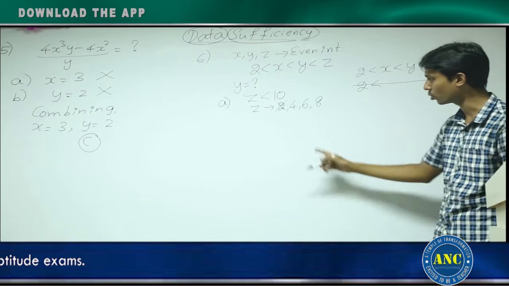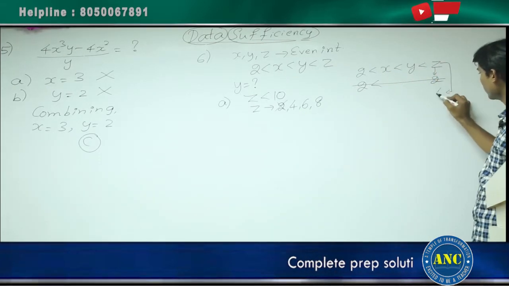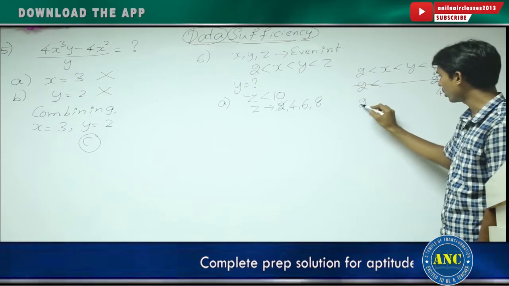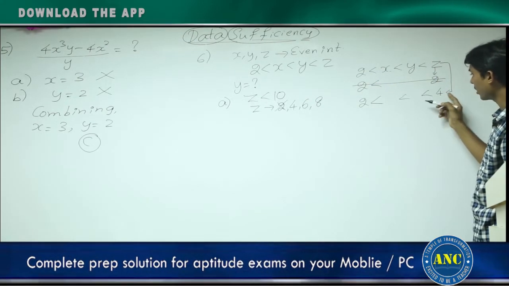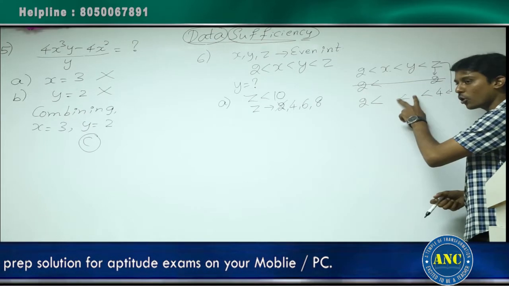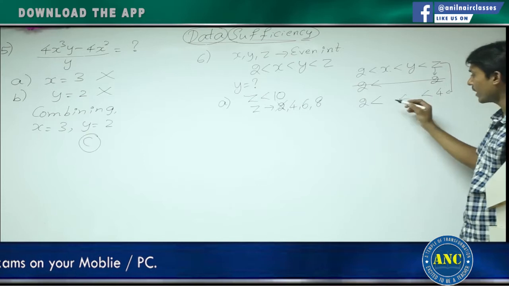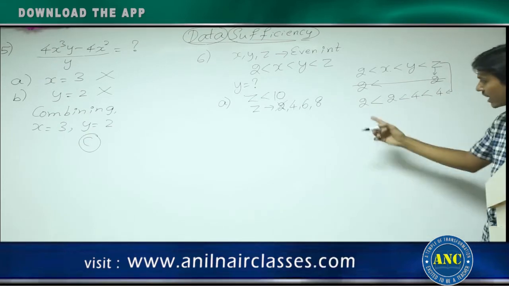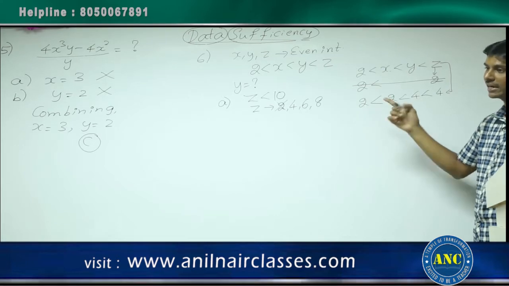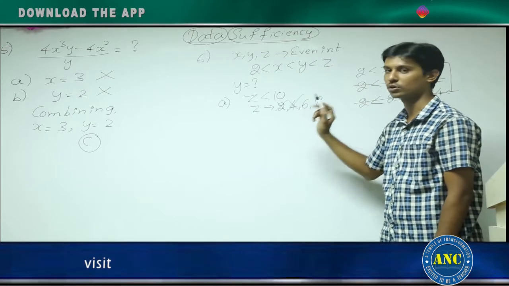If I take z value as 4, it becomes 2 less than something else less than 4, and these two values should also be even integers less than 4. Only value is 2, so 2 and 2 here, right? Again you are violating the condition, 2 less than 2 is never true. This is also ruled out. Z can never be equal to 4 also.